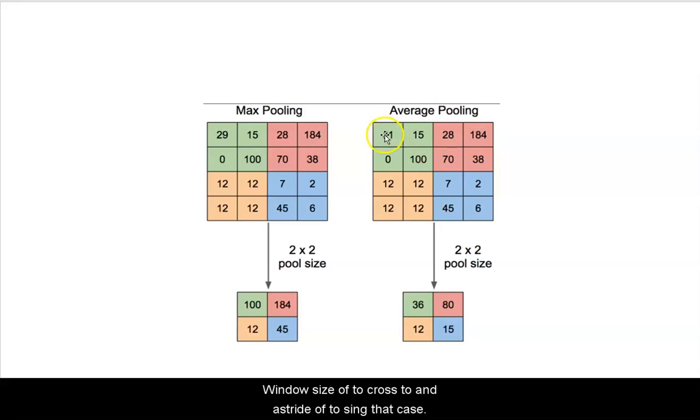So in that case, my green color represents one particular window, and as you can see, what we have done is we have found the average of these 4 values in this green window, and that is 36. Similarly, if we find the average of the other 4 values in our next window, its average is 80.